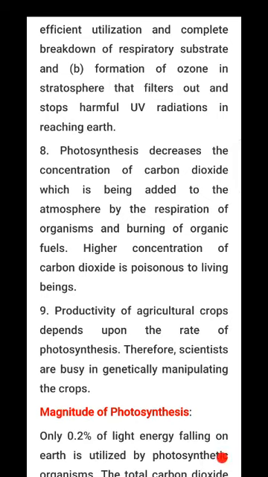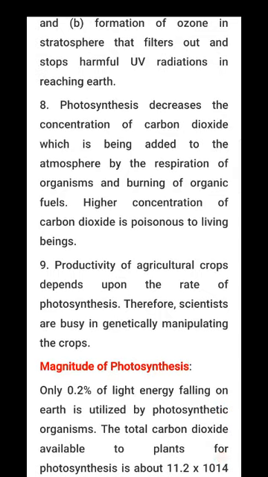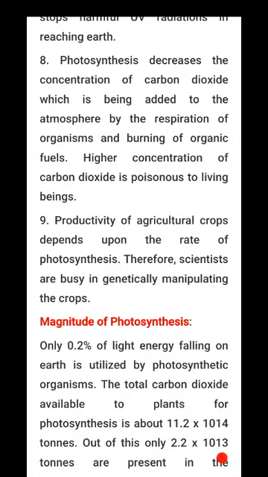When the rate of photosynthesis in crop plants is higher, the yield of crop or food grains is more. That is the benefit for the farmers. These are all the important significances of photosynthesis, a very important biological process carried out in nature.